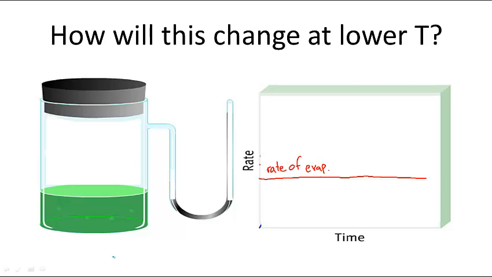So we're going to have a slower rate of evaporation, which means it's going to take longer for us to establish vapor phase. I'm not sure it would change the time or if it would make it shorter or longer. I don't know. Do you have a specific argument for why? All right. I'm going to have to leave that one out there. I don't think it's necessarily wrong, but I'm not sure.